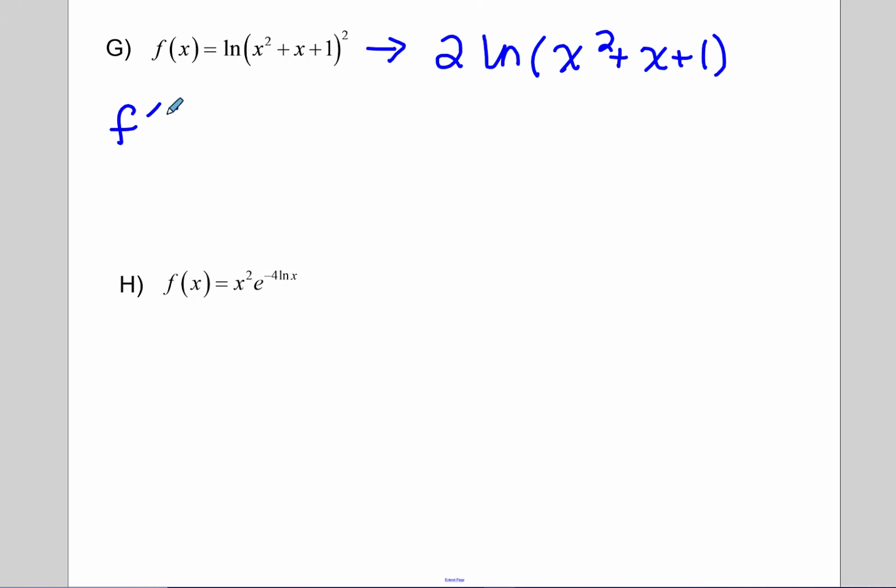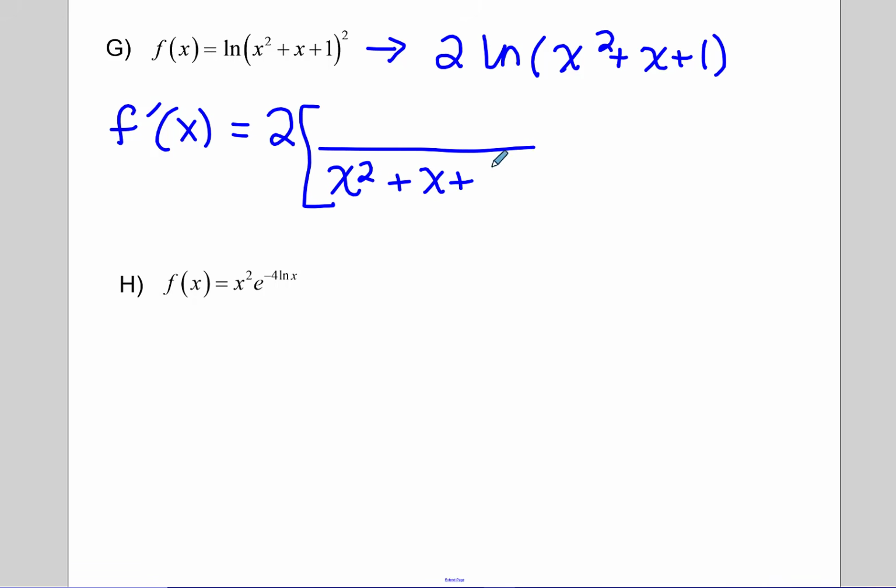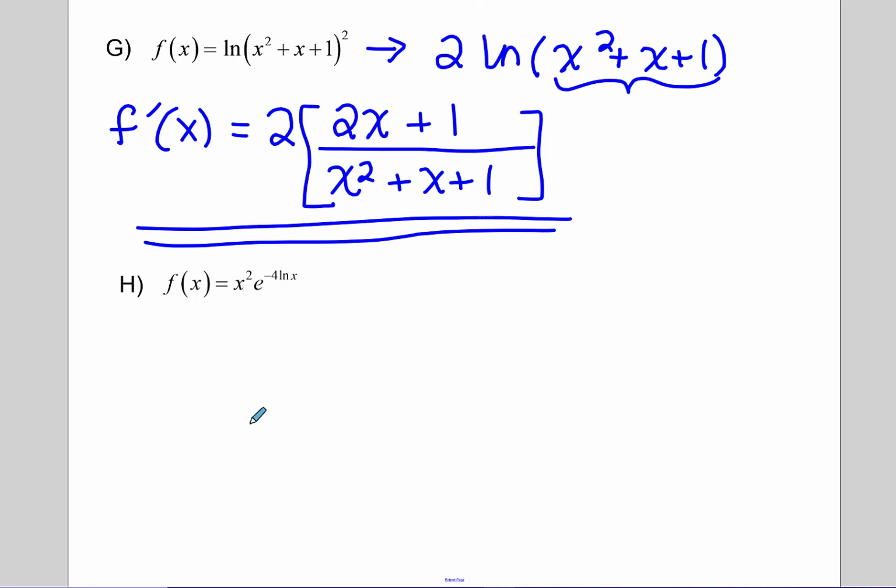So our derivative is going to be 2, and then the derivative of natural log is 1 divided by x squared plus x plus 1, since the derivative of natural log is 1 over x, or 1 over u in this case. And if this is our u, then the derivative of u is in the numerator, 2x plus 1. So that one's pretty straightforward.